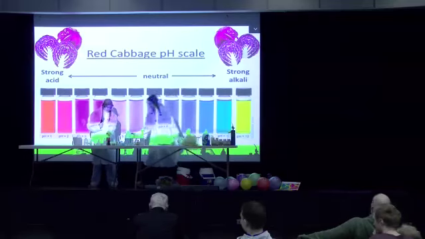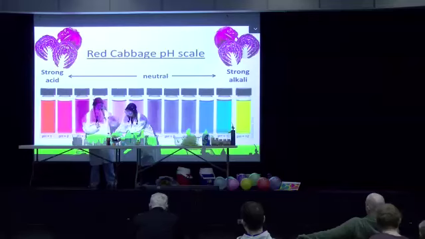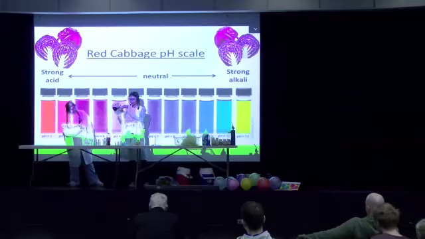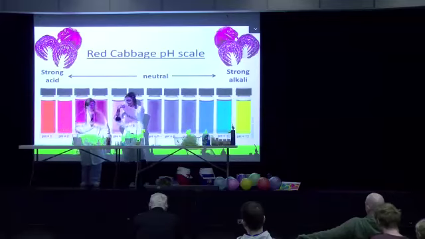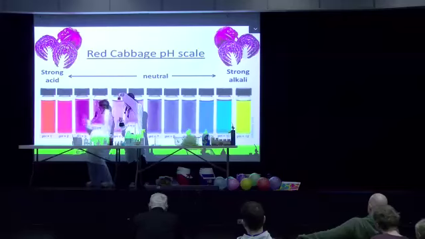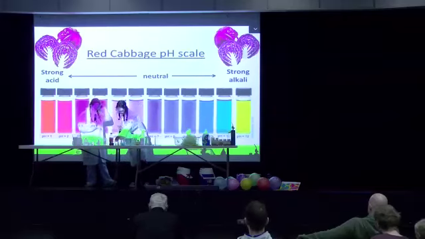You want to pour it in? Yeah, hold up the beakers so they can see. Oh, just a little bit. Yeah, we can kind of see. It's hard to tell with the Coke, but it did turn more of a reddish pinkish color right in here. So that does show us that it is more acidic.